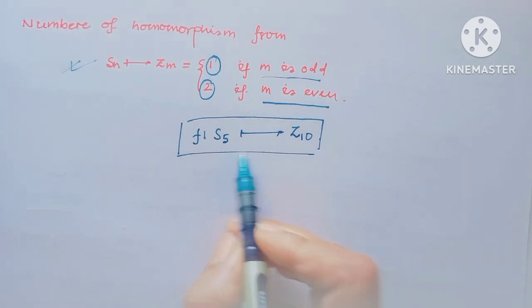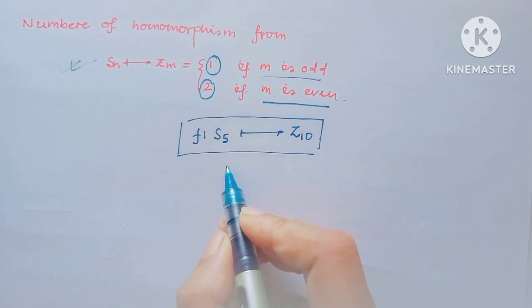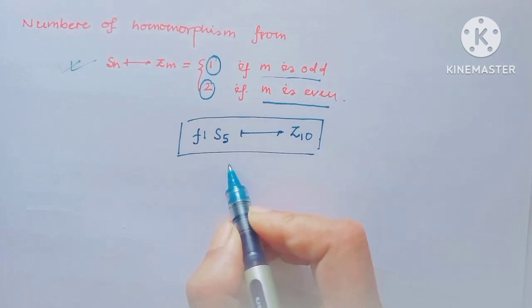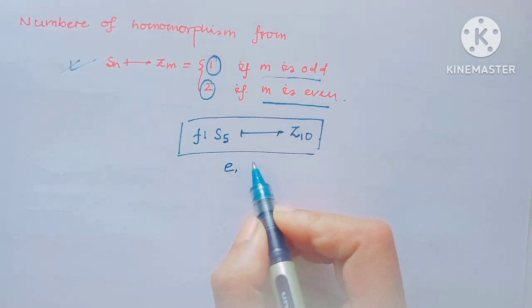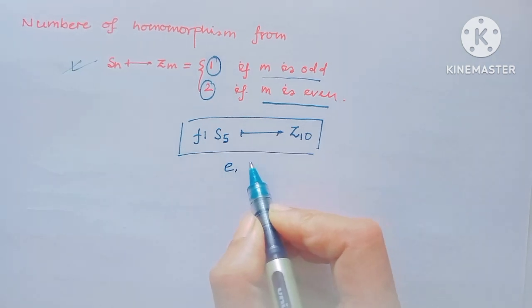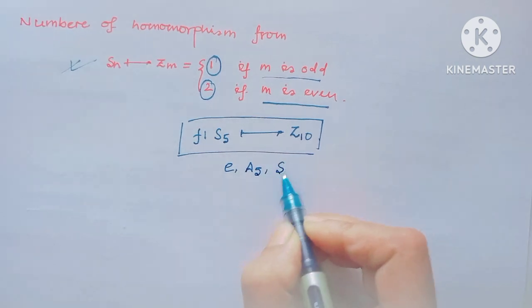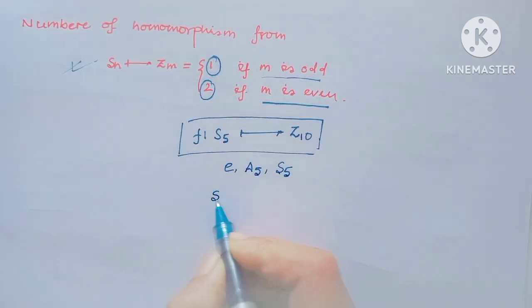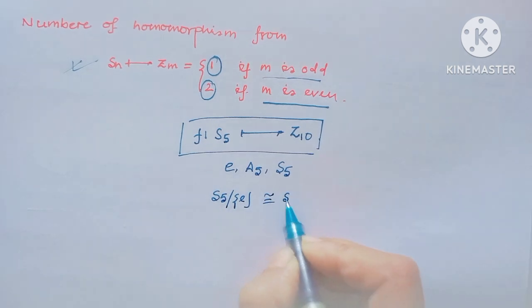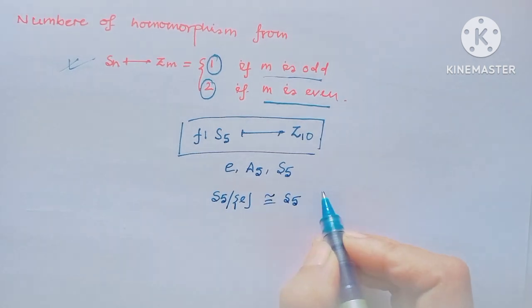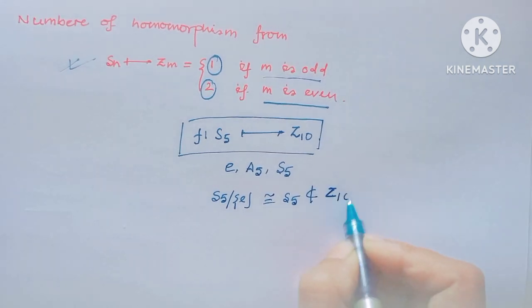Why is this so? Since here m is even, this would be 2, because here the normal subgroups are the identity, A5 and S5. S5 modulo identity is isomorphic to S5, and this is not a subgroup of Z10.